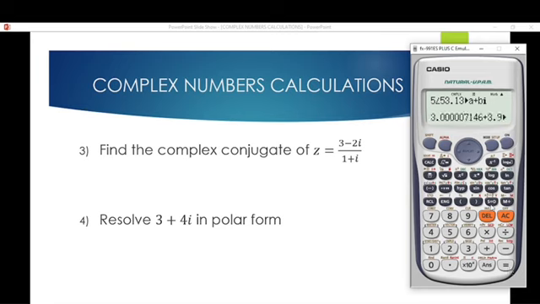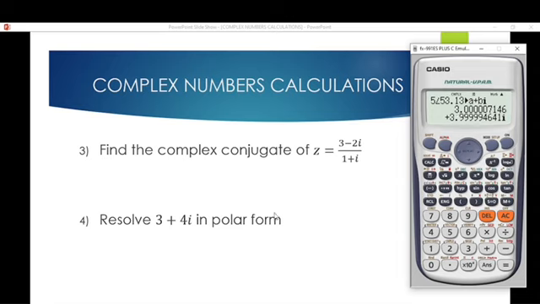So we can see that we have 3.000 plus 3.9999i. So when you are converting, 3.000 is the same as 3, plus 3.9999i, which we can approximate as 4i.